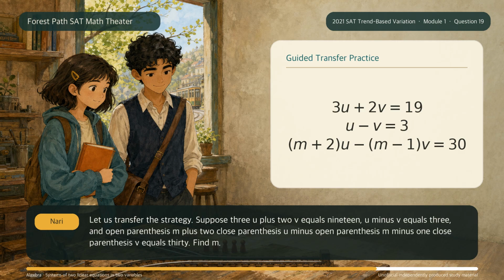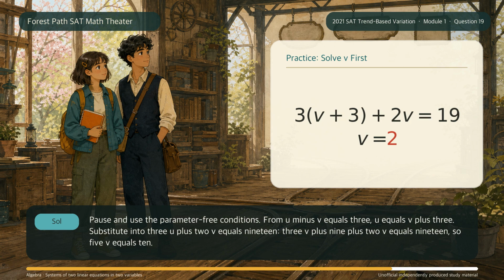Let us transfer the strategy. Suppose 3u plus 2v equals 19, u minus v equals 3, and (m plus 2)u minus (m minus 1)v equals 30. Find m. Pause and use the parameter-free conditions. From u minus v equals 3, u equals v plus 3.